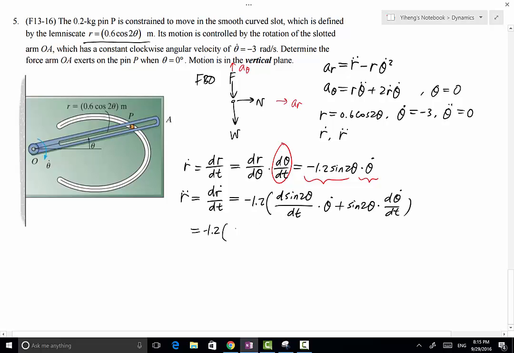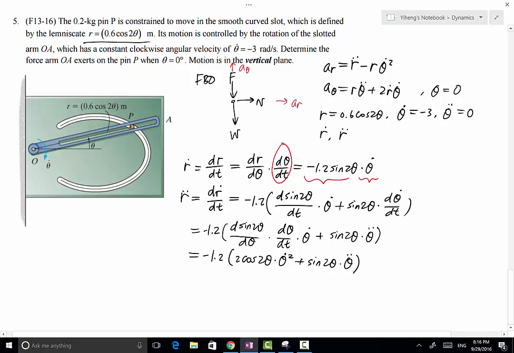We're going to use chain rule again. This becomes d sine 2 theta/d theta times d theta/dt, theta dot, plus sine 2 theta times d theta dot/dt, which simply equals theta double dot. So in this case, this becomes negative 1.2 times, d sine 2 theta/d theta equals 2 times cosine 2 theta, d theta/dt equals theta dot multiplied by another theta dot, that is theta dot squared, plus sine 2 theta theta double dot.